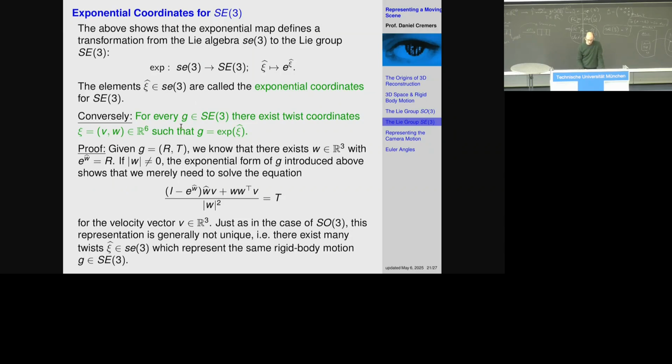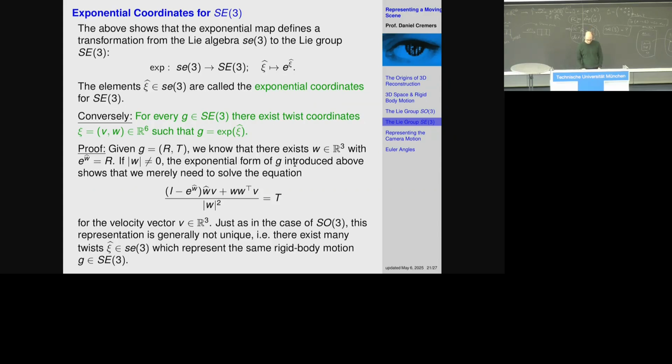But you can also show that for every rigid body motion, there exists a corresponding twist. That is actually the inverse, and this is called the logarithm. So there exists a twist with 6 coordinates, making the twist coordinate vector that forms this twist matrix psi hat, such that once you exponentiate it, you get the group element.